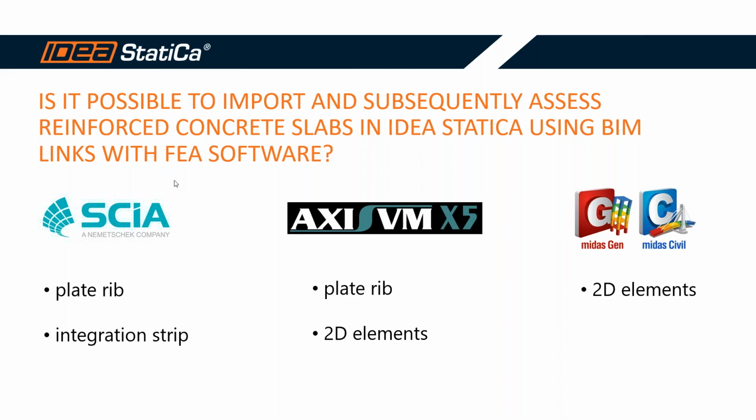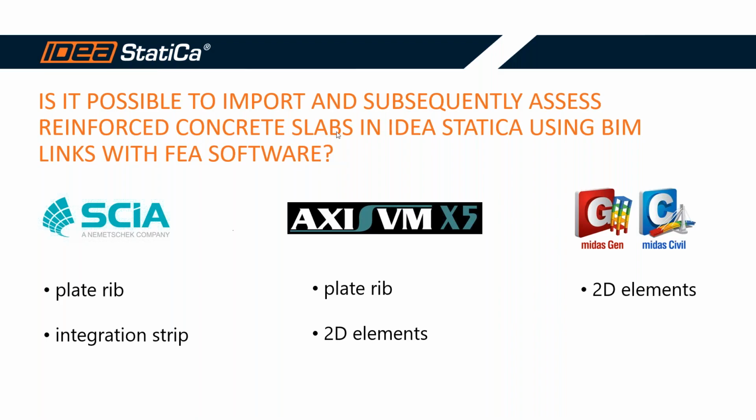So it means that we cannot import directly these 2D elements or the results from 2D elements, but we need to modify them in CI Engineer. And the third case is importing 2D results from Midas. So here we can import only 2D elements, and I will show you in a minute how to do it.